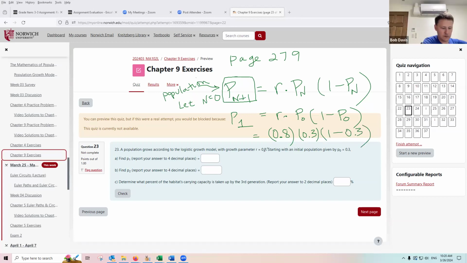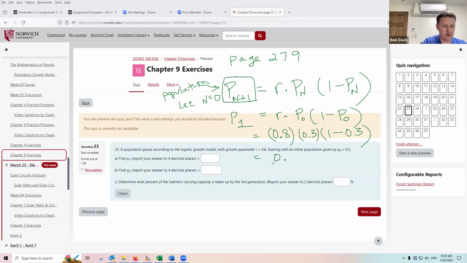Okay. So 0.8 times 0.3 is 0.24, times 1 minus 0.3, which is going to be 0.7. Yep.